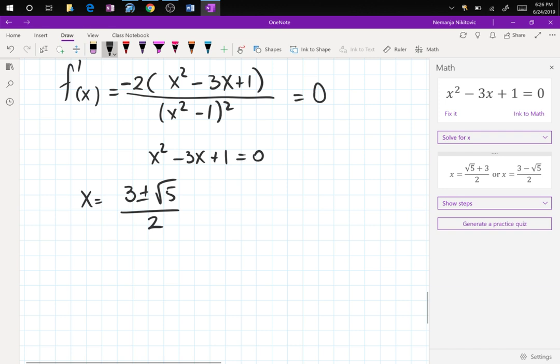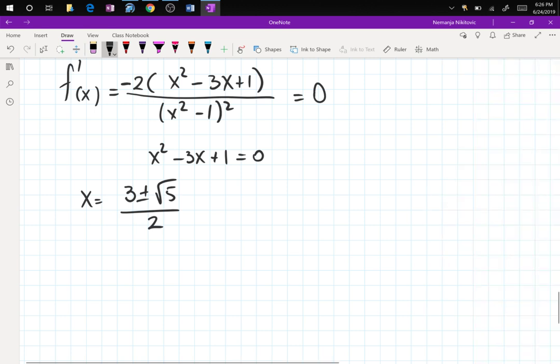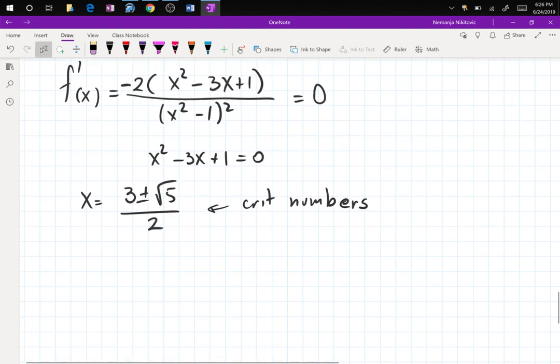So we have two critical numbers, and all I want to know is whether 3 plus or minus root 5 is bigger or smaller than 1.